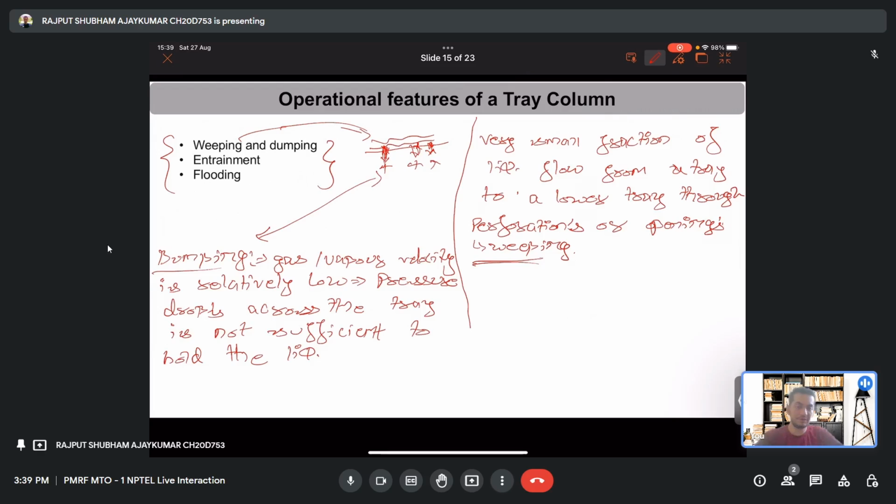So what happens is the liquid will entirely dump from one tray to another and the column will be flooded. And the other thing is entrainment.